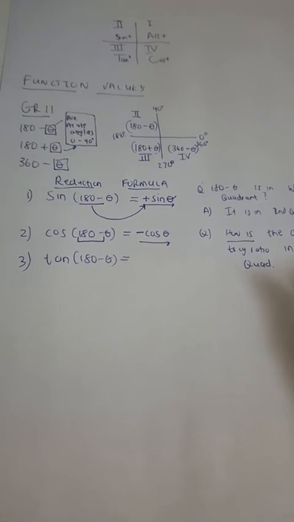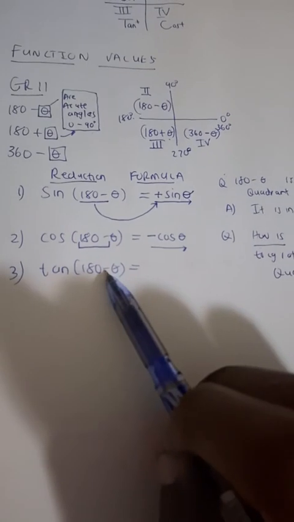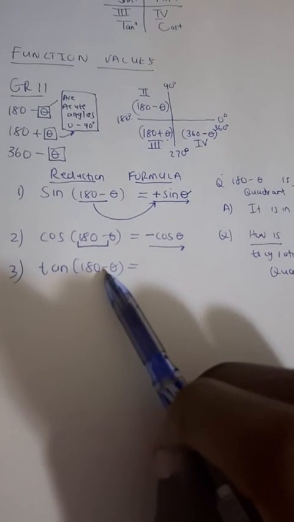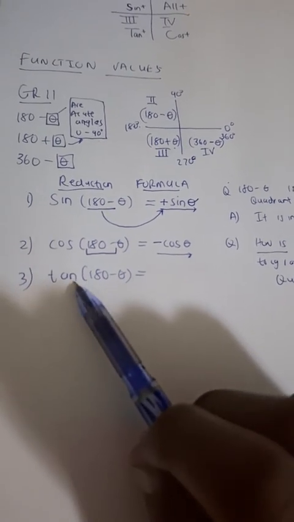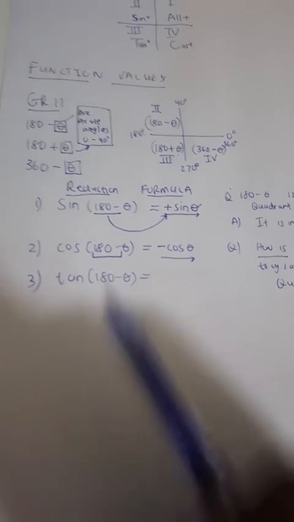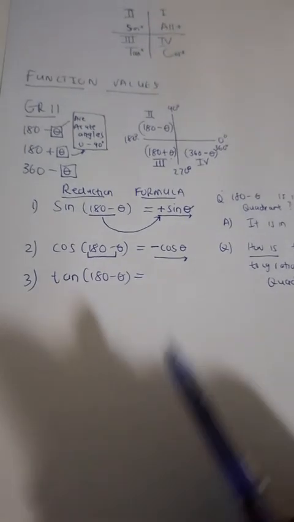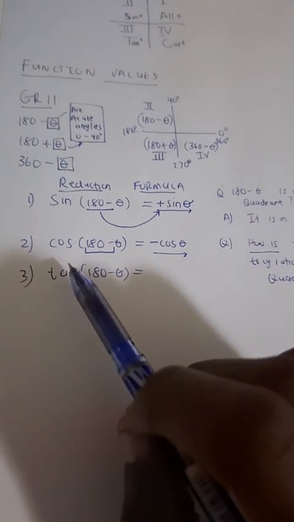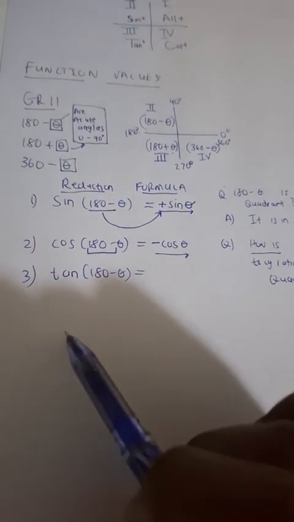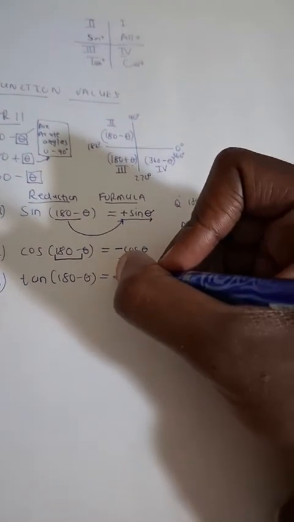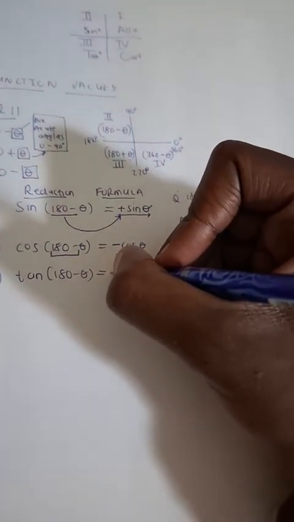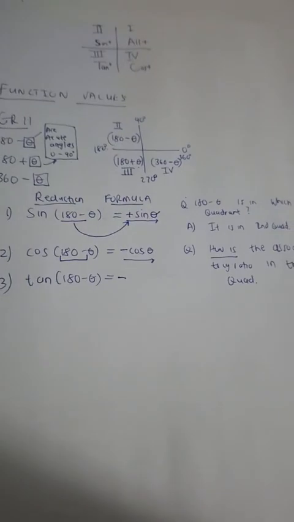Yes, 180 minus theta is in the second quadrant. How is tan in the second quadrant? That is the question. So then we write the sign of tan in the second quadrant. It is negative, rightfully so.